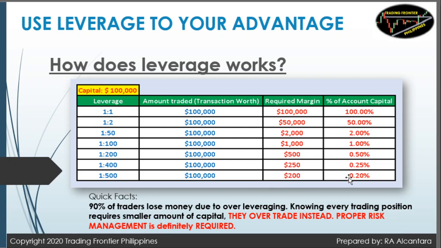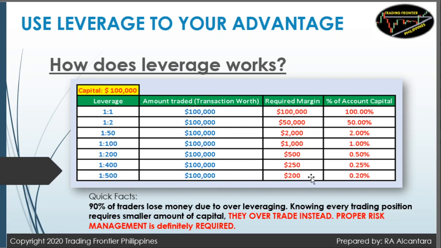So that is only 0.20% of my overall capital, only $200 out of $100,000. So how do we relate this to our forex trading? Meaning, if we use the maximum leverage offered by the broker, that gives us multiple chances of opening more positions or more trades in trading.